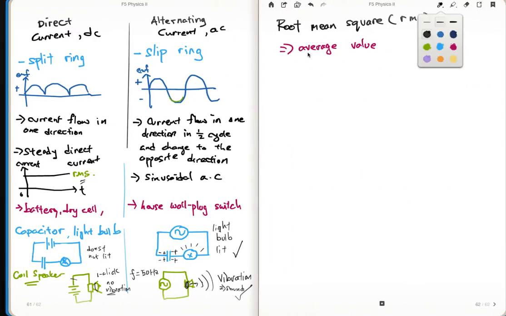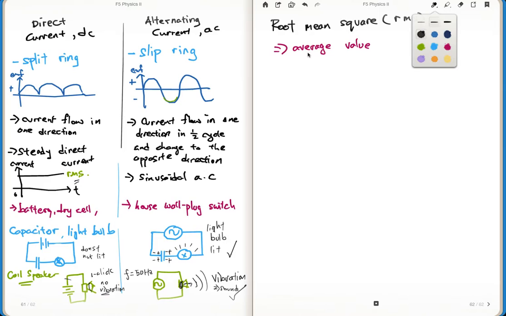How is it possible to have that when you have alternating current? What value do you take?